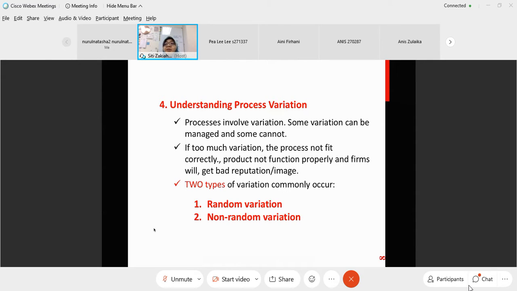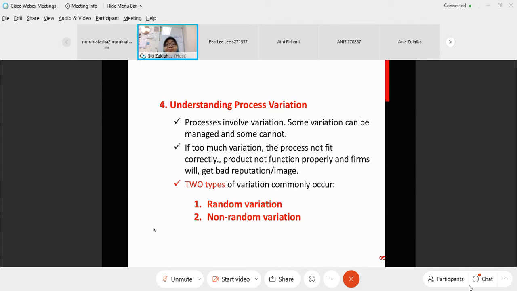Macam if you are making a screw, screw tu ada lubang dia, bulat dia tu, that dimension, dengan rod yang nak masuk ke dalam bulatan tu, so dia kena the right size. Kalau ada variation pun mungkin 1-2 milimeter, not sentimeter ya, still okay. Kalau dah besar dia, that means screw tu tak boleh guna dah.